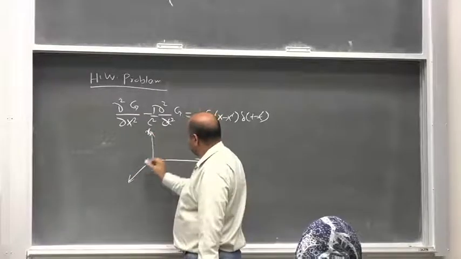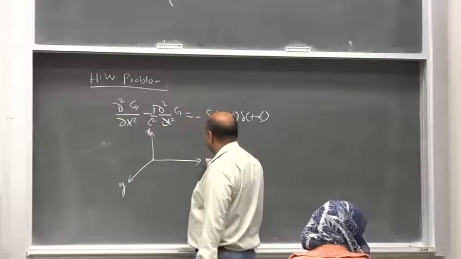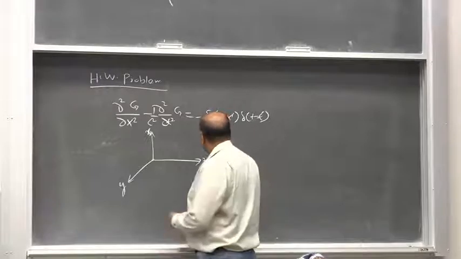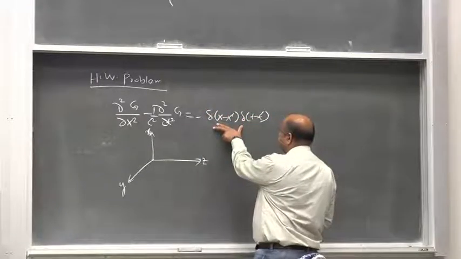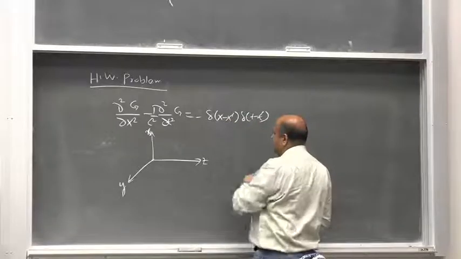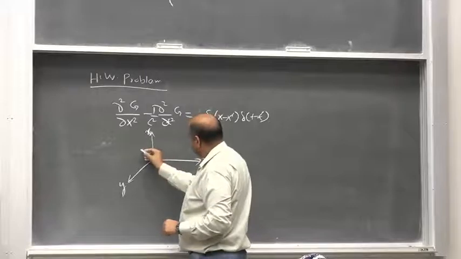Let's say this is x-axis, y-axis, and this is z-axis. So we have a source which is non-zero at x equal to x prime, and t is equal to t prime. x is equal to x prime is let's say this plane.